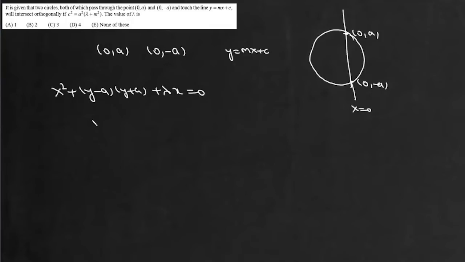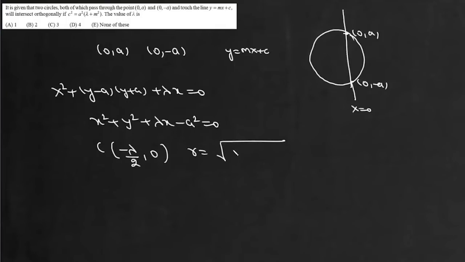So this equation will be x square plus y square plus lambda x minus a square equals 0. So this is the equation of the family of all the circles which pass through these two fixed points. Now the center of the circle is at minus lambda by 2 comma 0 and its radius is under root of lambda square by 4 plus a square.